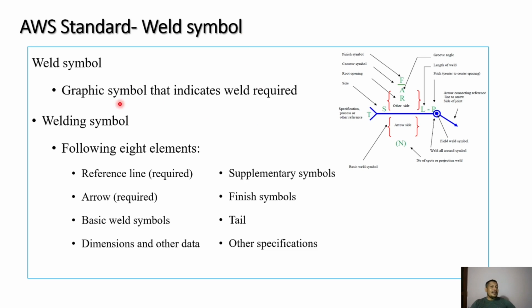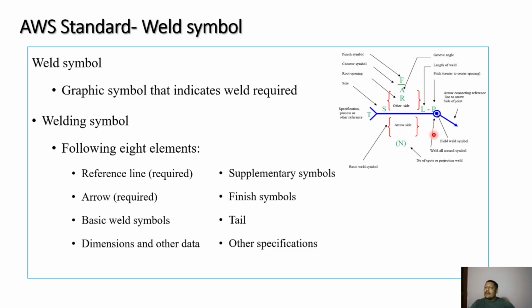It is a graphical symbol that indicates a weld required, the welding symbol. The following eight elements are included. The reference line is required. Then the arrow connecting the reference line: this is the reference line, this is the arrow.